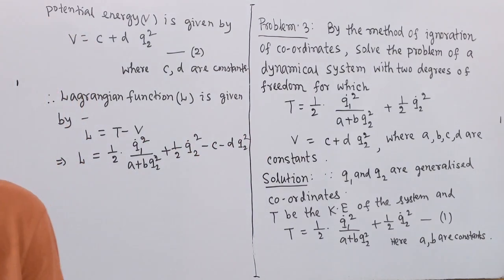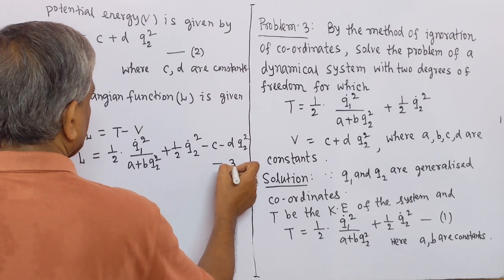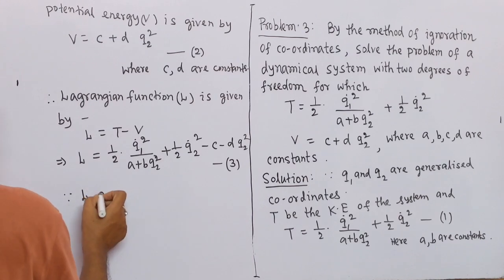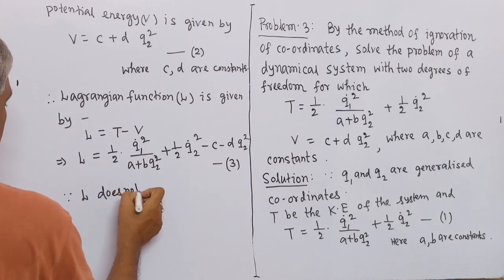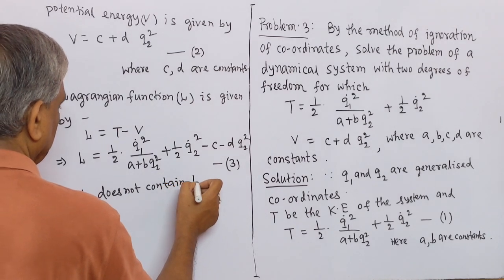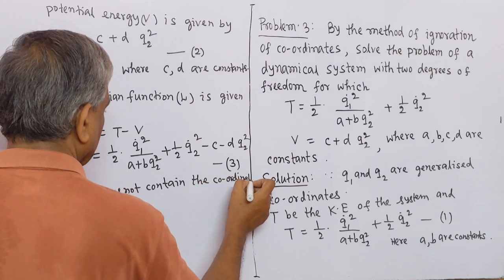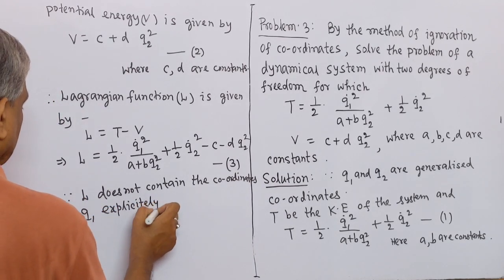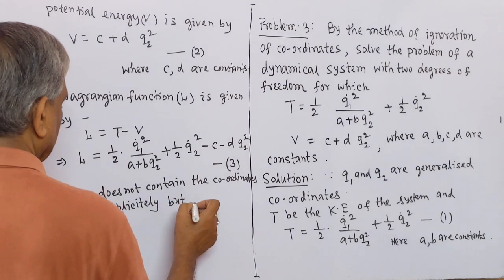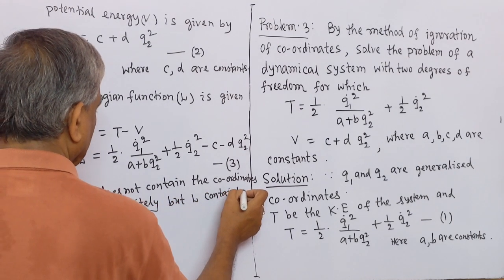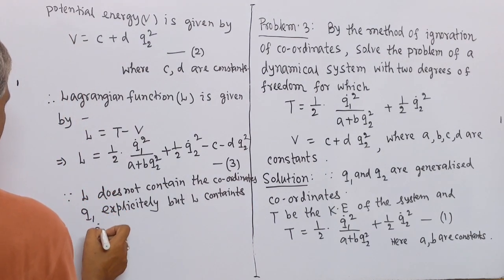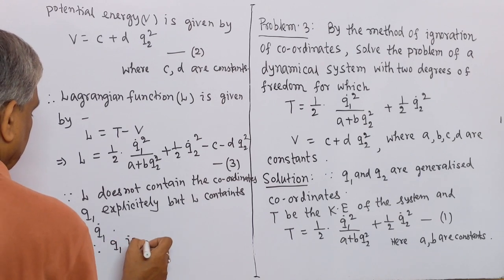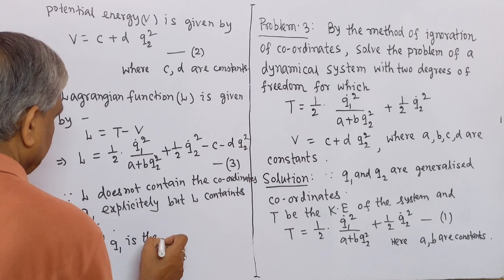This is number 3. Since L does not contain the coordinate Q1 explicitly, but L contains Q1 dot, therefore Q1 is the ignorable coordinate.